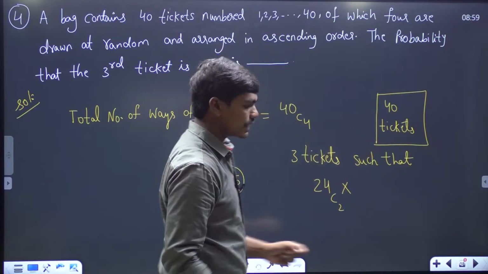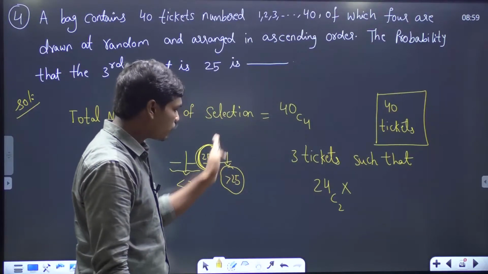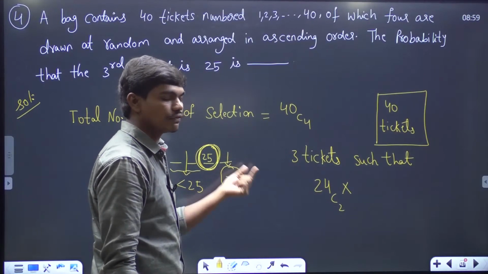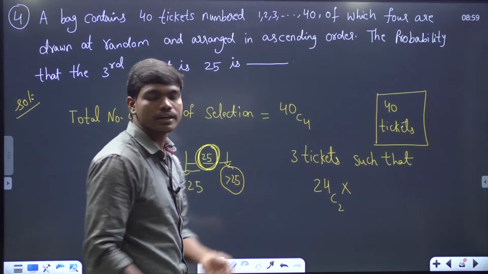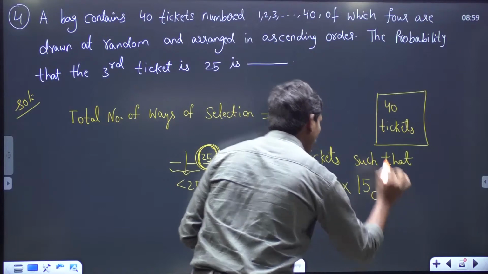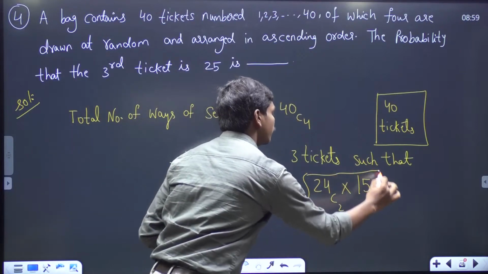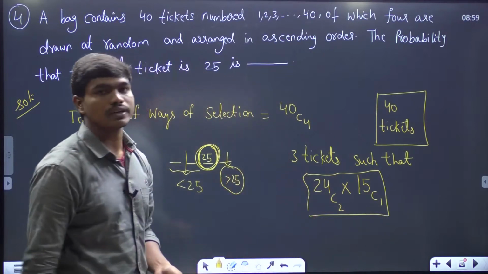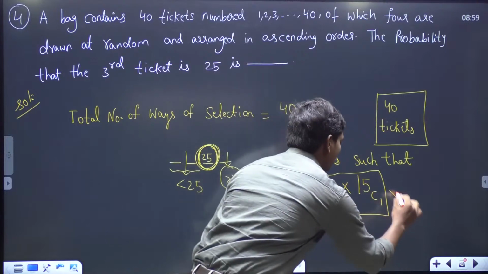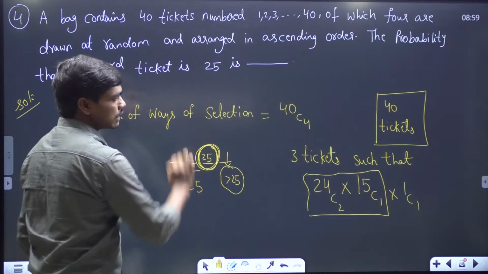From the remaining 15 tickets which are more than 25, 26, 27, 28 and so on till 40, you should select 1, correct? If you select any combination in this way, then definitely the third ticket is 25. And that is 1C1 for the 25th ticket, because you need to select this 25th ticket.